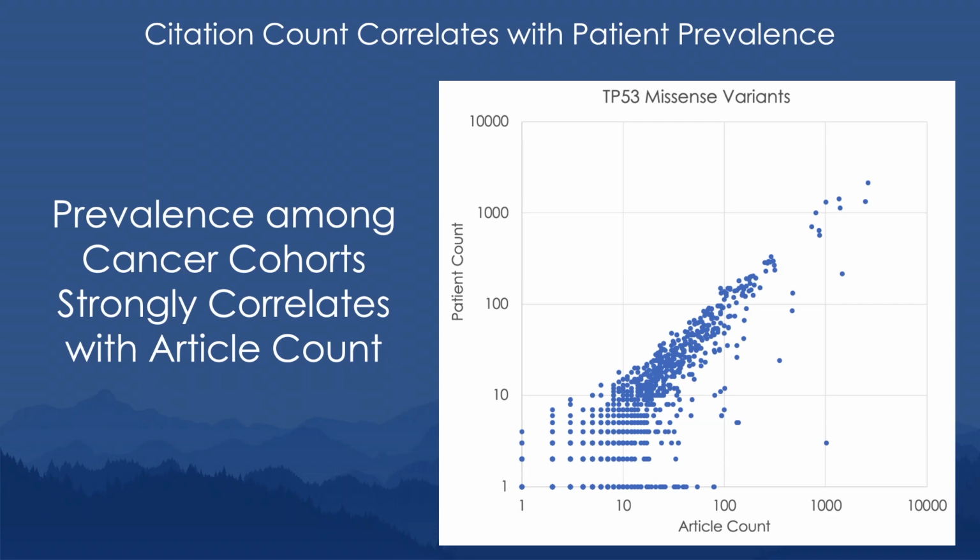But what you can see here in the plot of article count for each of those variants reflected by dots against patient count in a representative and very large cohort of disease patients, you can see on that log scale a nice direct correlation between citation count and patient prevalence.